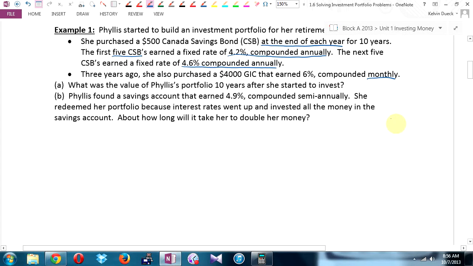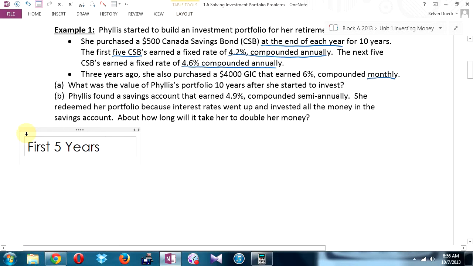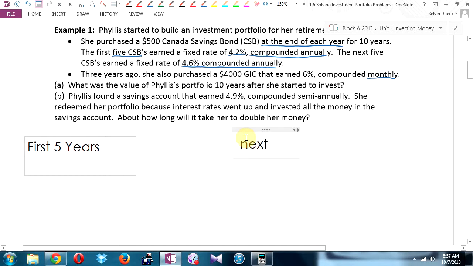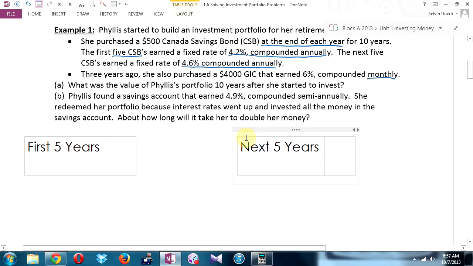Let's see here. If I was going to be organized, I would go something like this. First 5 years, and then over here we'll do the next 5 years. I'll use my chart feature so you can read my writing a little bit. We're going to go to our graphing calculators.